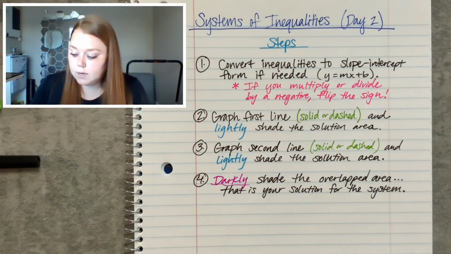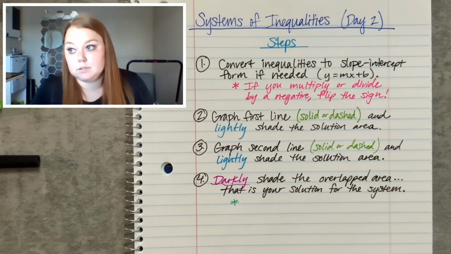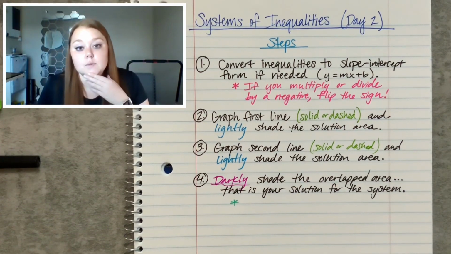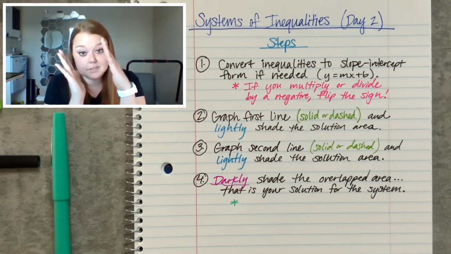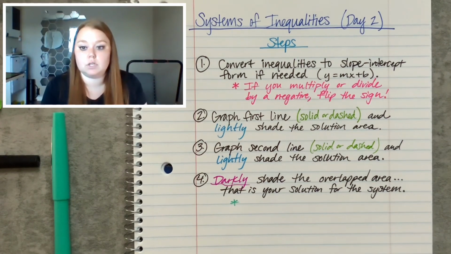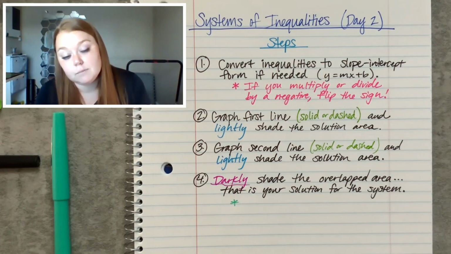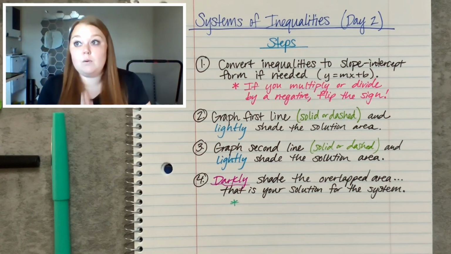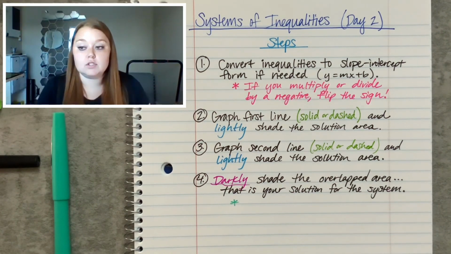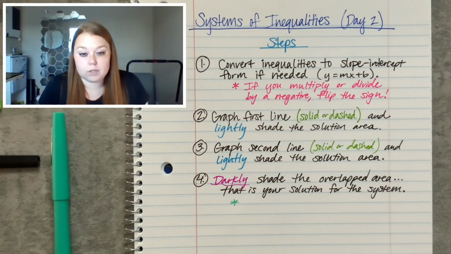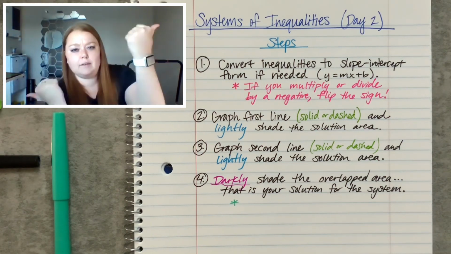Okay, one thing I want to mention, because we've seen in my class that it is possible to have no solution. When we're doing systems of equations and you graph two parallel lines, they never intersect, that would be an example of no solution. Well, in inequalities, it is possible to have no solution. What it would have to be is there would be no overlap in the shading. The only way you would get that is if you had parallel lines that were shaded away from each other.